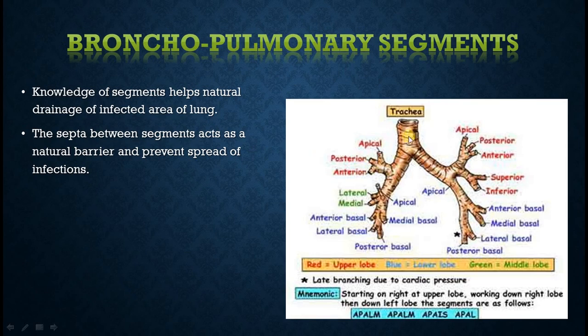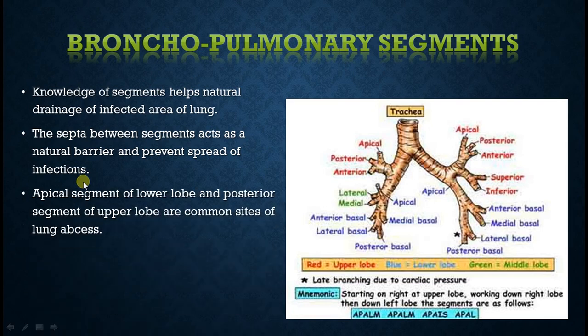Okay, the intersegmental septa, as I told you, are in between the segments, where the tributary of the pulmonary vein runs. This septa prevents the spread of infections only to some extent, and only minor infections, but it does not prevent the spread of carcinoma or tuberculosis.